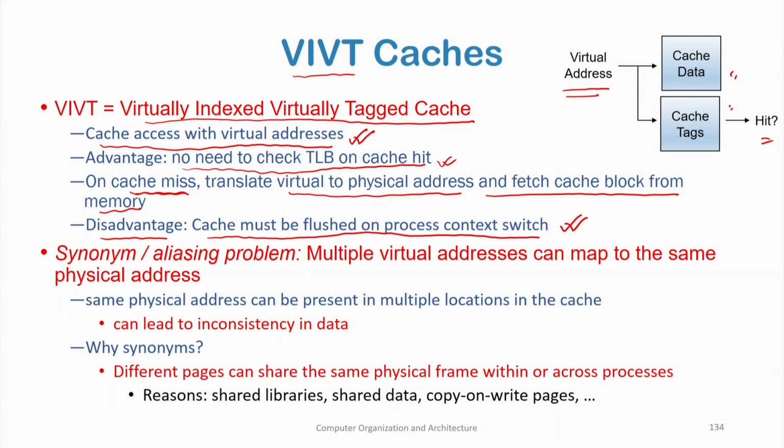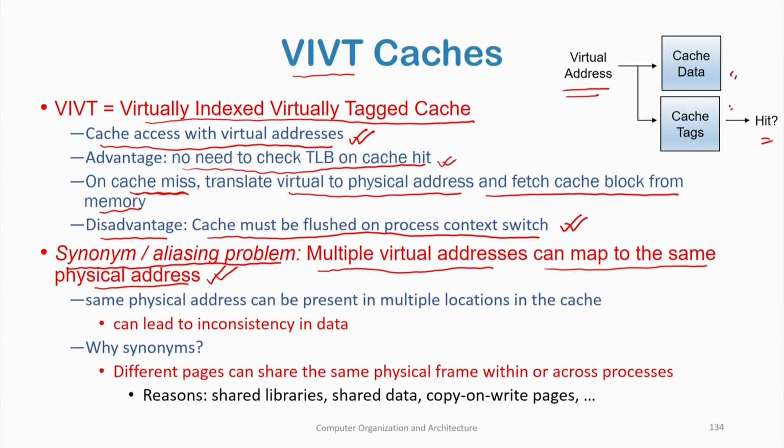The second problem is that of synonym or aliasing. It is called the synonym problem or the aliasing problem. The problem is that multiple virtual addresses can now map to the same physical address. So, the same physical address can be present in multiple locations in the cache.